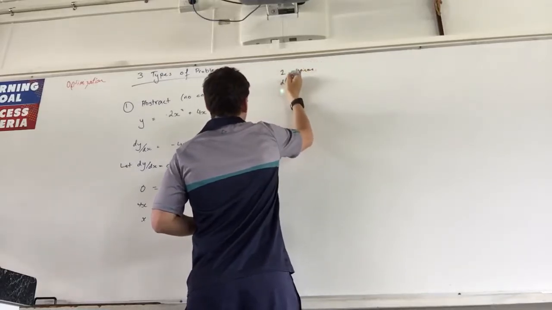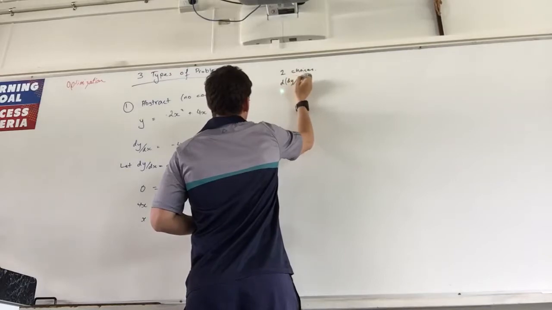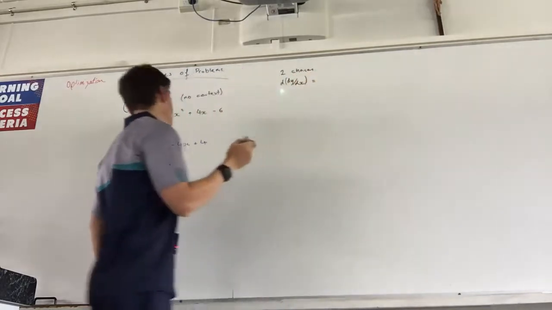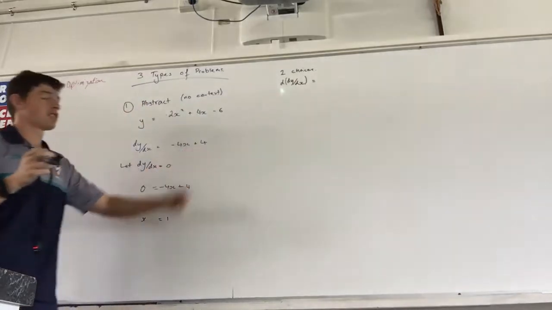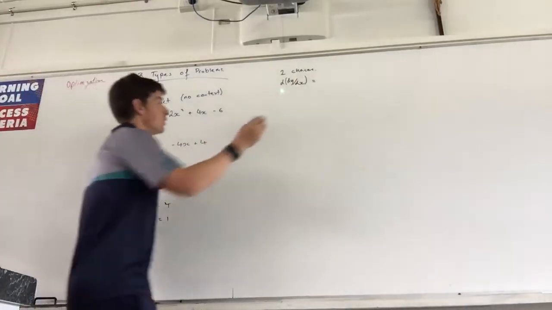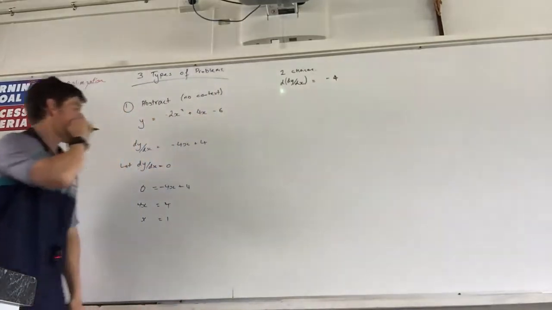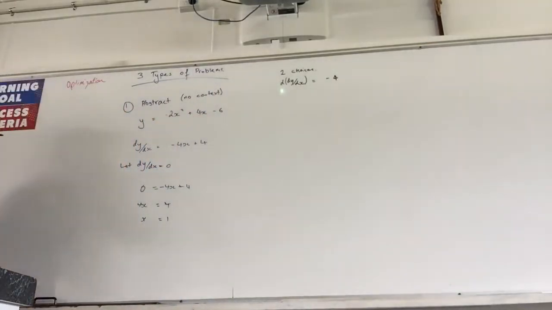Okay, so I can go d2y over dx2, which is the double derivative. What's the double derivative of negative 4x plus 4? Negative 4. That is a maximum. Does that make sense?